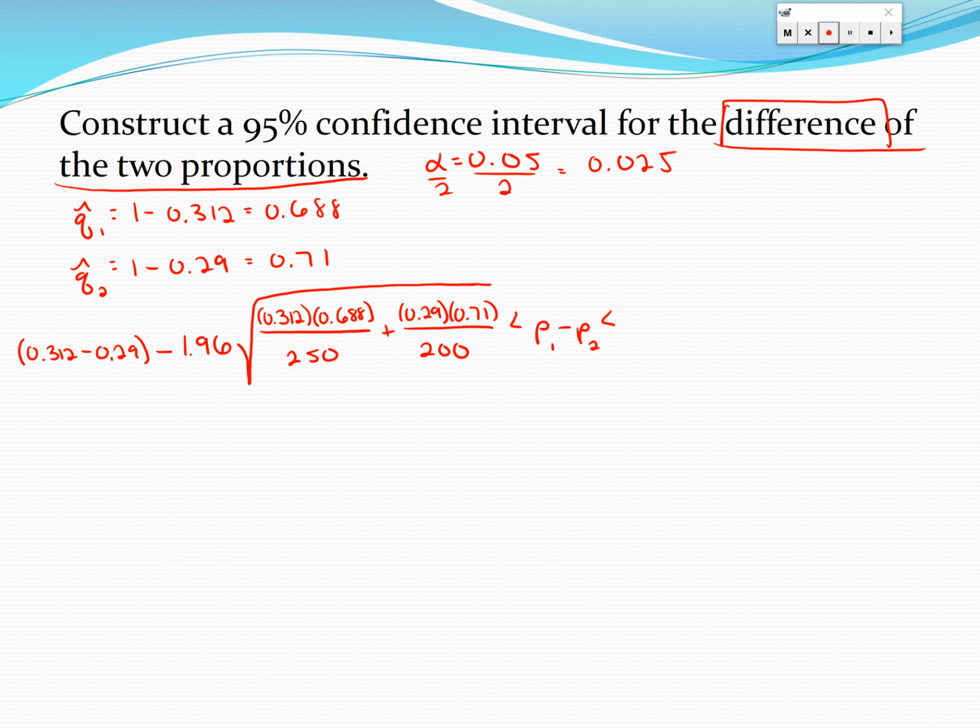Remember, difference means subtraction. The other side of this is the same thing, but we add 1.96 and then that whole messy radical. I'm going to see if I can squeeze it in. Don't think I'm going to make it.